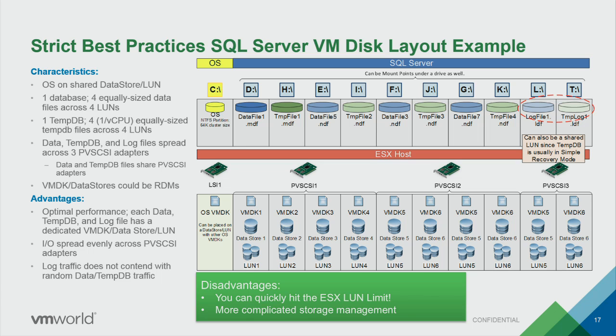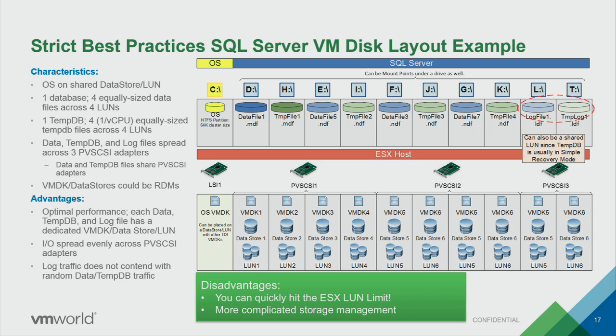So we're going to put the OS on 1. Then we're going to take a certain set of data files and log files, run those on PVSCSIs 1 and 2, and then PVSCSI 3 we're going to dedicate to logs. Again, for the same reason that we don't want to share log files with data files on a particular LUN.